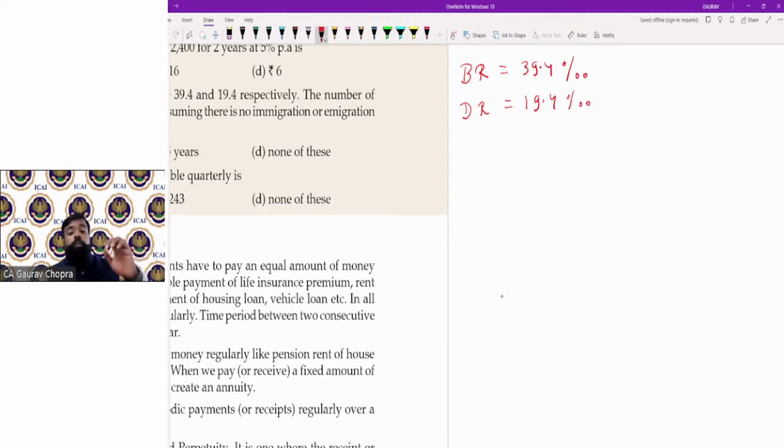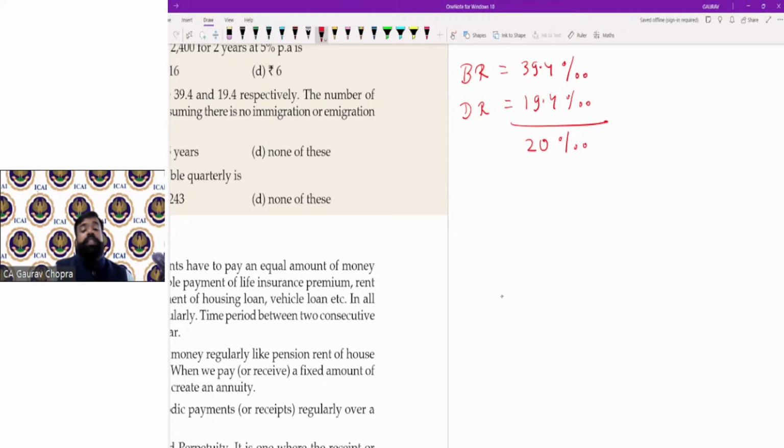तो 39.4 लोग इस दुनिया में आए, उसमें से 19.4 चले गए, तो कितने लोग बच गए? Right, 39.4 लोग पैदा हुए, 19.4 उसमें से वापस चले गए, तो how many is left? तो 20 per thousand is left.